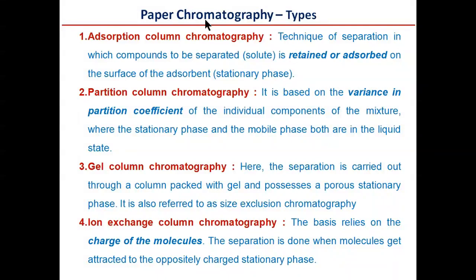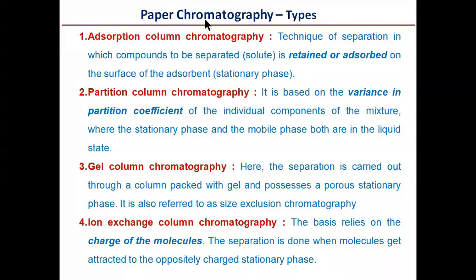So here it is also more or less like adsorption chromatography, but the separation is carried out through a column packed with a gel instead of solid material. Here gel is packed, and this gel is a porous stationary material. So this is a porous stationary phase, and it is also referred to as size exclusion chromatography.